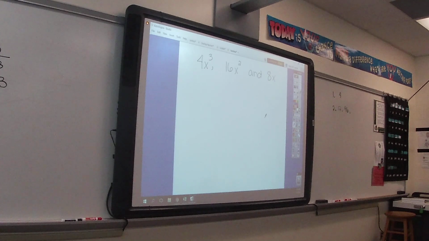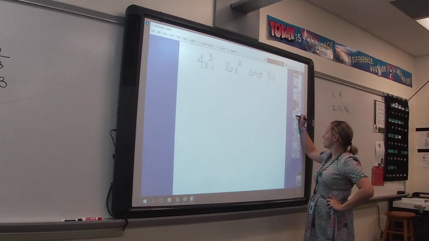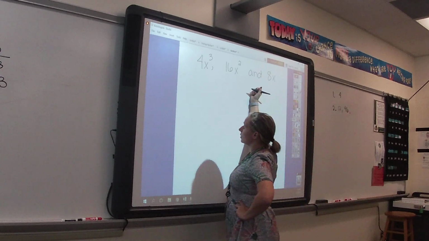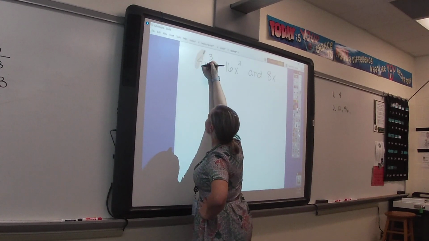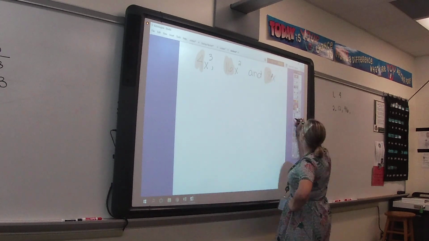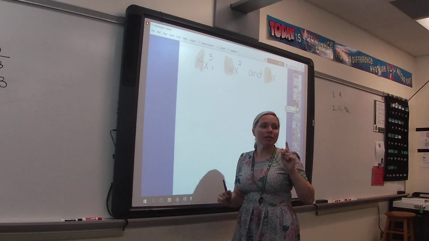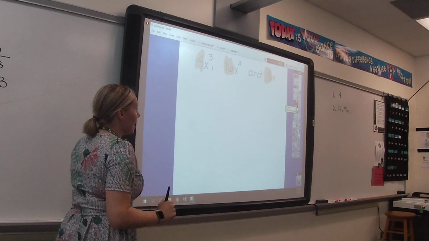To find the GCF, the first thing we are going to do is just look at the coefficients. What's the coefficient? The big number, right? The number in front. So we'll look here, here, and here. We're going to ignore the variable for a minute, and we're going to ask ourselves what will go into 4, 8, and 16.